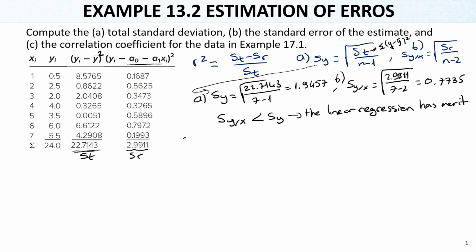Now we will go to C. C is the correlation coefficient. And for the correlation coefficient, we have this formulation. This is C. Let's write C here.